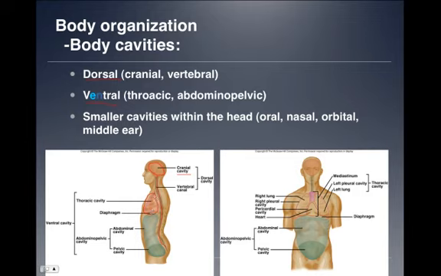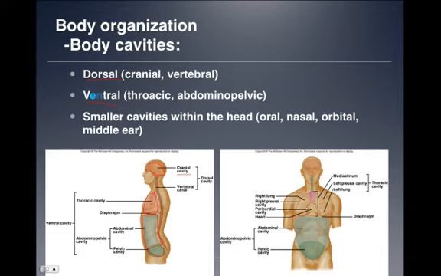And then we have what's called the abdominopelvic cavity, which is a combination of the abdominal cavity and the pelvic cavity together. The pelvic cavity is going to contain the urinary bladder and the reproductive organs, where the abdominal cavity will house the rest of the organs, things like the stomach, the pancreas, the liver, and the intestines.